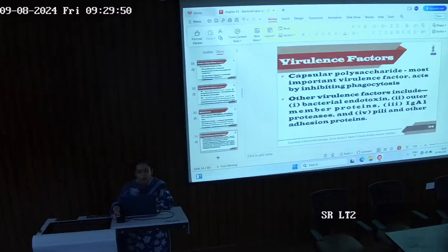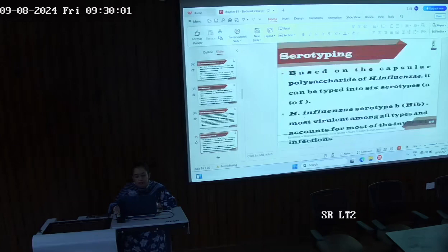Virulence factors here also include capsular polysaccharide, bacterial endotoxin, outer membrane proteins, IgA1 proteases, pili and other adhesin proteins. Based on capsular polysaccharide, H. influenzae can be typed into 6 serotypes, A to F. Serotype B is the most virulent among all types and accounts for most of the invasive infections.